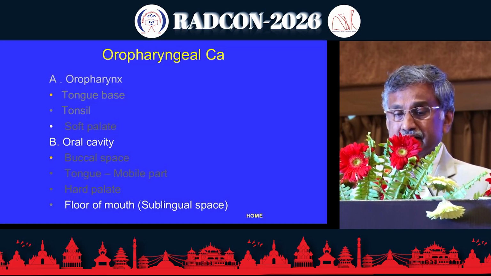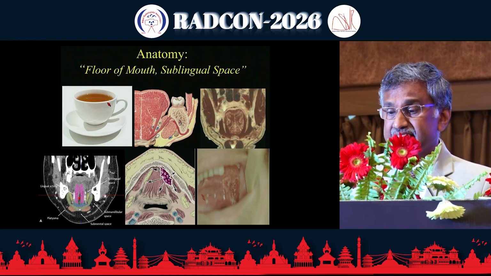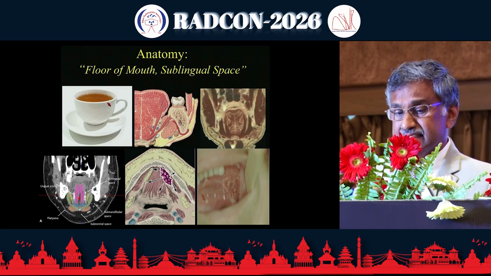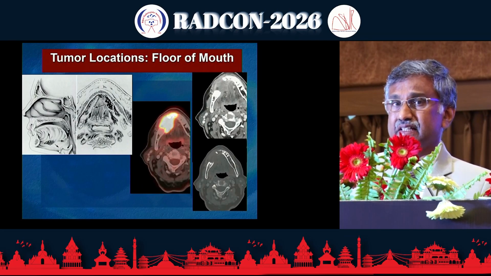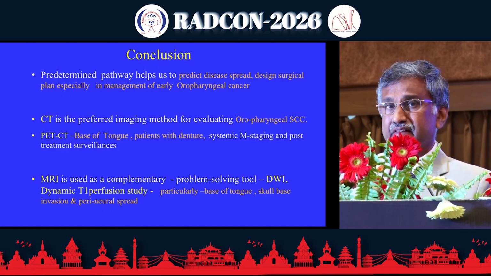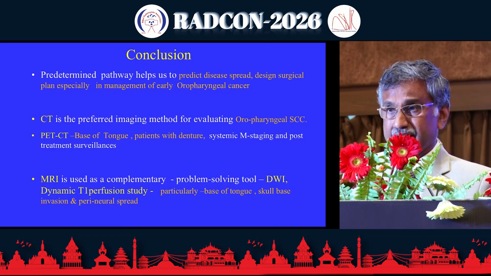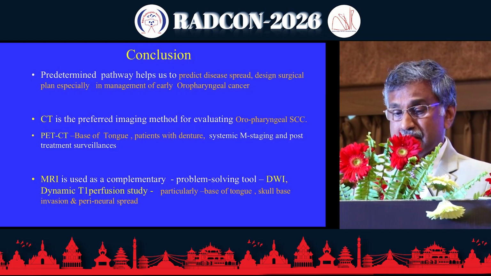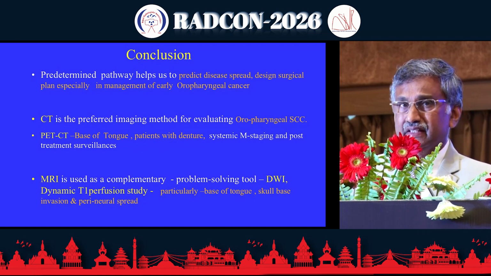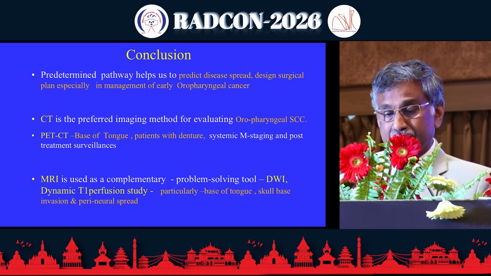So the predetermined pathway helps to predict the disease spread and design the surgical plan, especially in the management of early cancer, so that it is easy to depict the lesions and give them to radiotherapy planning. CT is the preferred modality for oropharyngeal cases, but MRI is more sensitive and can show more areas of involvement, particularly perineural spread and perivascular space.